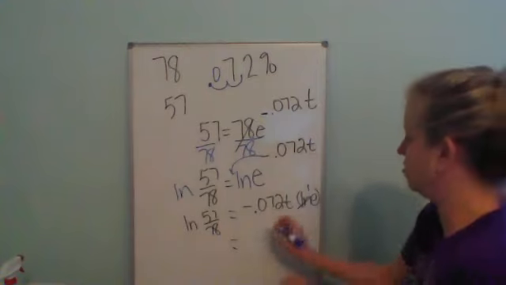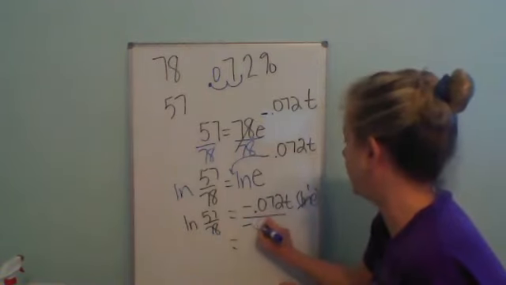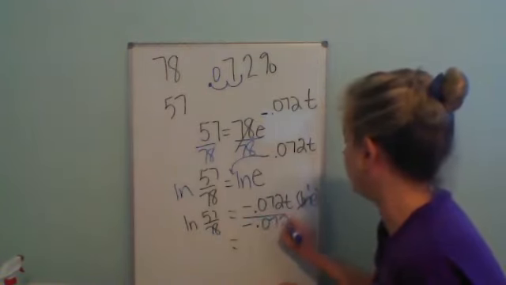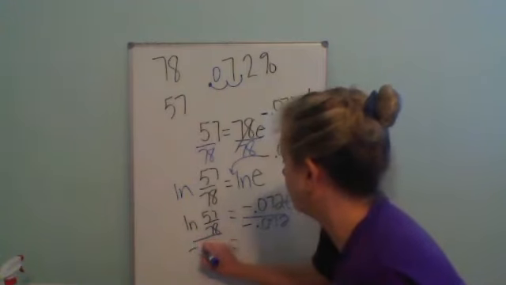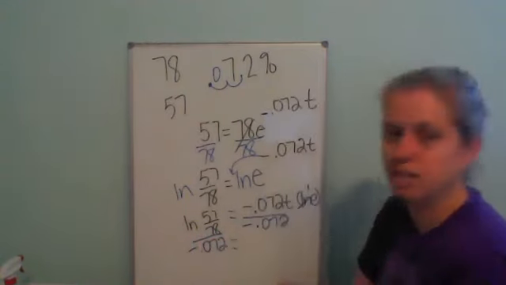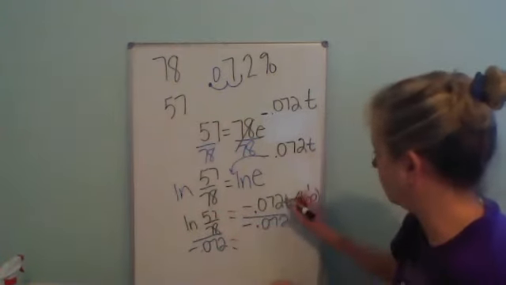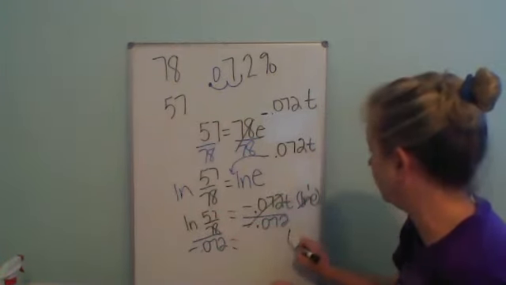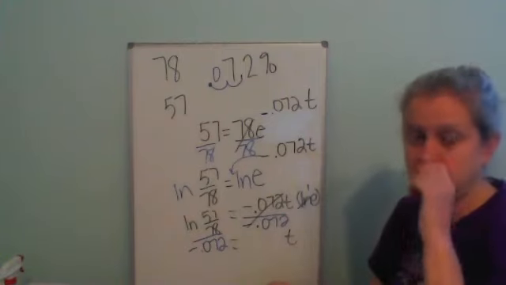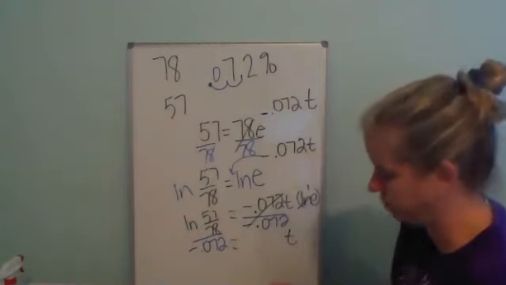So what do I need to do to solve for t? Divide by negative 0.072. So here's what will give me my answer, right? Because this will cancel. All I'm going to have left on the right side is the t, which is the number of years that I'm looking for.